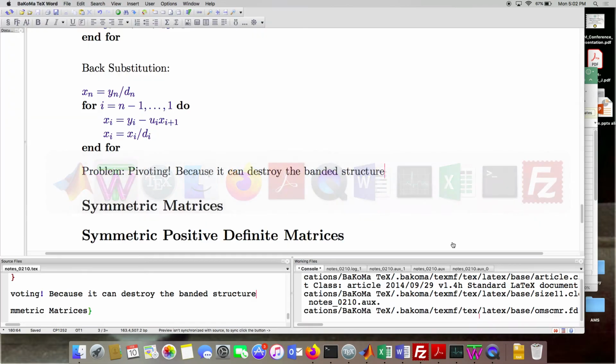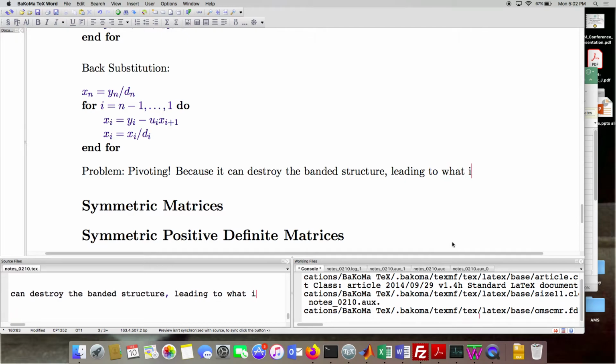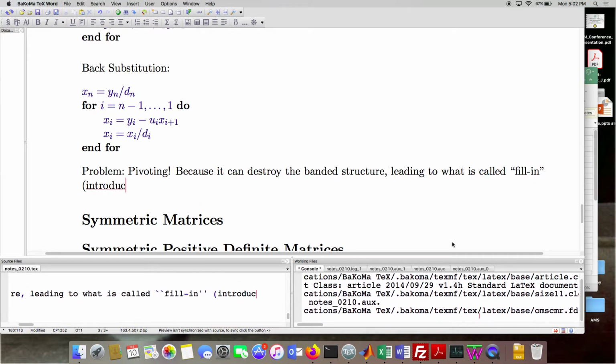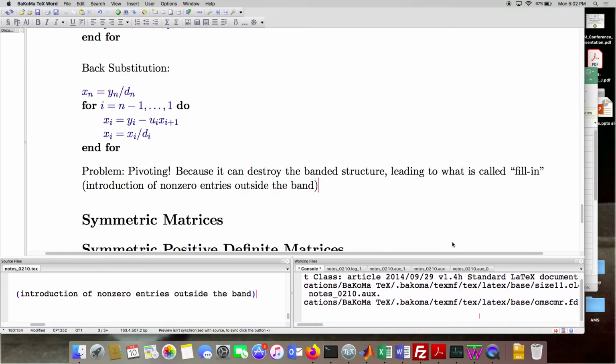This leads to what is called fill-in, the introduction of non-zero entries outside the band. So then you lose the efficiency that Gauss elimination on a banded matrix is supposed to give you. It just wrecks everything.